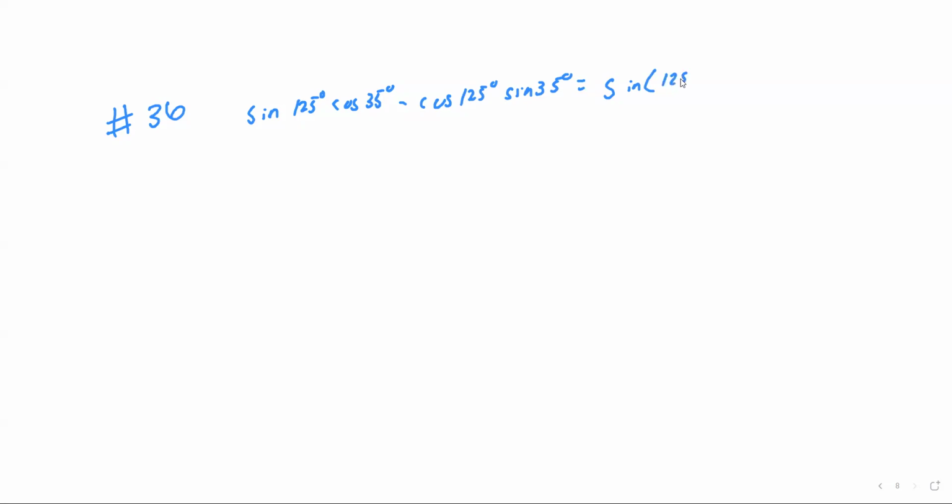So this would be 125 minus 35. And that would just give me sine of 90 degrees. And sine of 90 degrees, which is located right here, is the coordinate 0, 1. So that answer is just a straight up 1. All right, let's do another one. Let's look at 37.